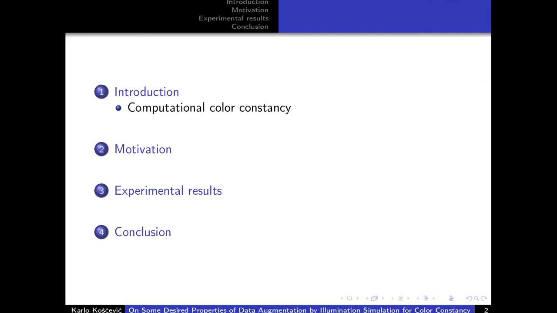I will then give you some motivation for this augmentation that we have to use in this field. I will then describe some experiments that we have performed to see some good properties of data augmentation. And of course, I will give you a conclusion at the end of the presentation, where I will try to summarize the results of the experiments.